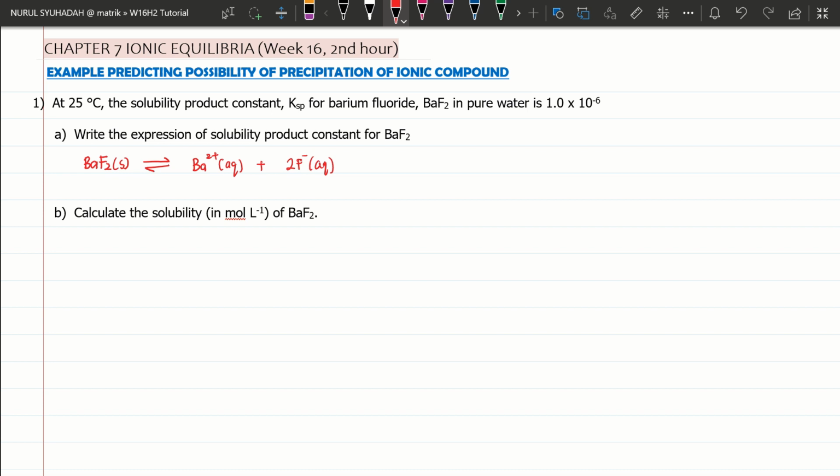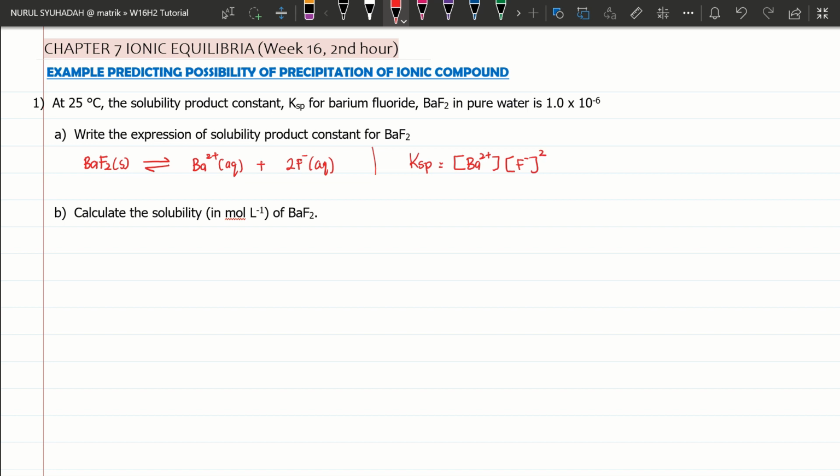Okay, ini equation dia. So the question asks to write down the expression. Okay, jadi expression awak adalah KSP equals to concentration of Ba2+ times concentration of F minus to the power of 2. Okay, done. Kita dah ada kita punya expression.